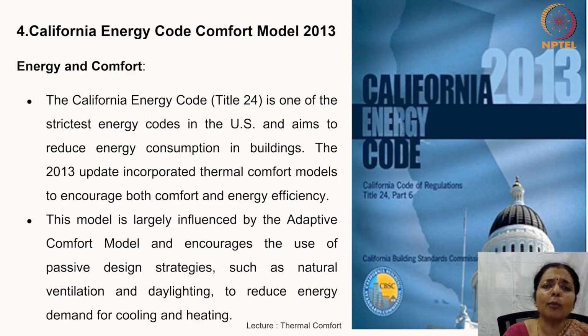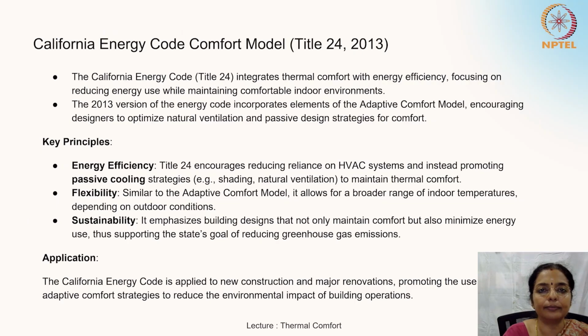This model is largely influenced by the adaptive comfort model and encourages the use of passive design strategies such as natural ventilation and daylighting to reduce energy demand for cooling as well as heating. The code's purpose is to advance the state's energy policy, develop renewable energy sources, and prepare for energy emergencies.